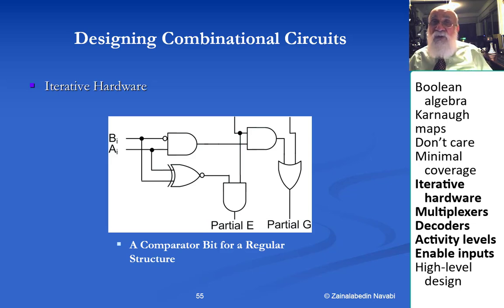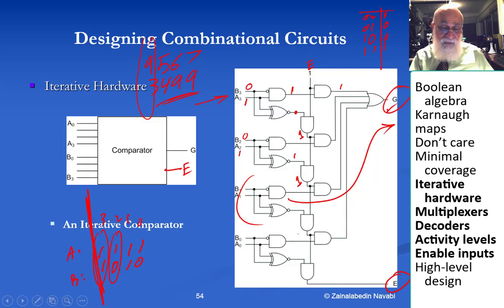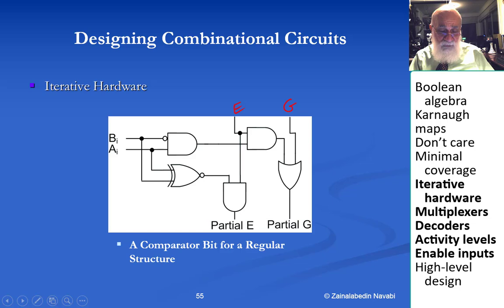A more iterative way of looking at it would be to say that each bit has an E input, a G input, an E output, a G output. This way, instead of having a big OR gate at this output, I have OR gates that keep adding to each other, meaning that this slice can be repeated as many times as you want for larger and larger comparators.